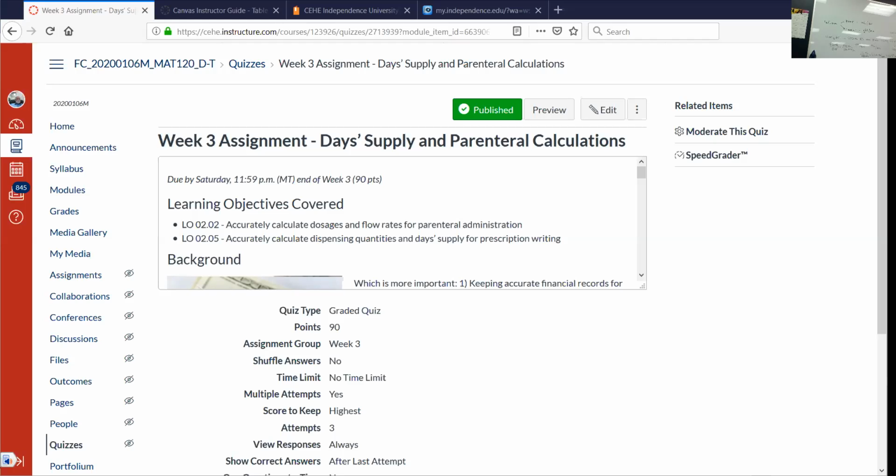If we're using a pump, we can calculate milliliters per hour, no problem. If we're using manual delivery, then we know first off, we're working in minutes. No matter what other information is given, we're working in minutes. And then if we're working in minutes, we know we're going to be calculating first milliliters per minute.